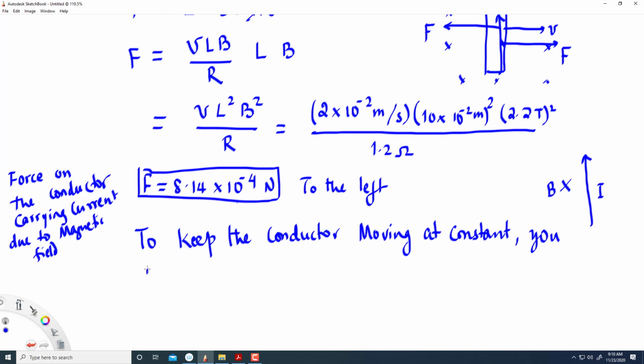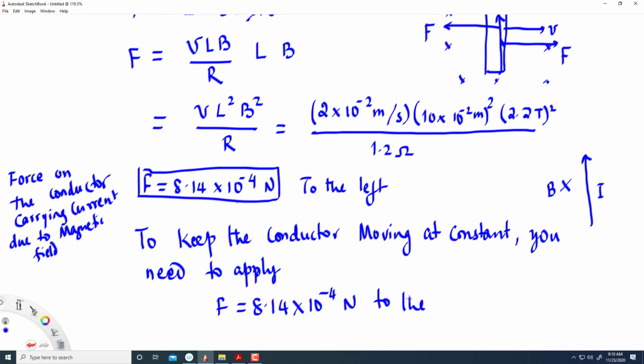You need to apply F equal to 8.14 times 10 to the negative 4 Newton, the same force but in the opposite direction. That's number 2.